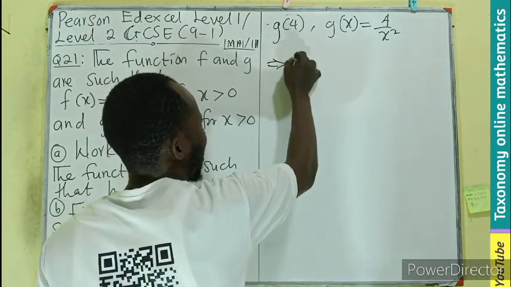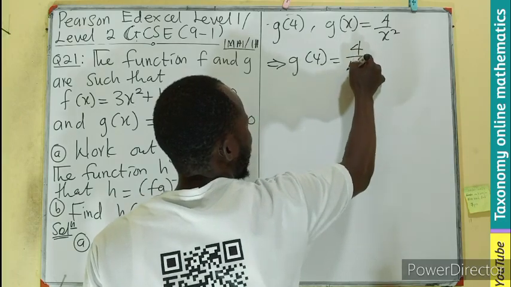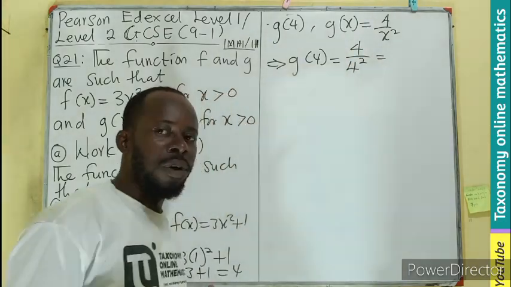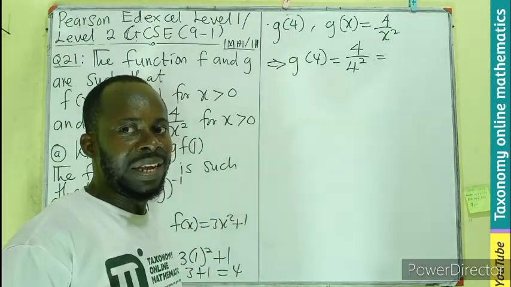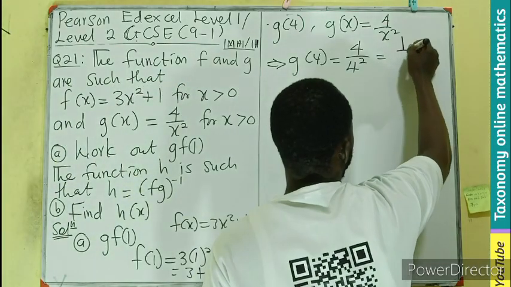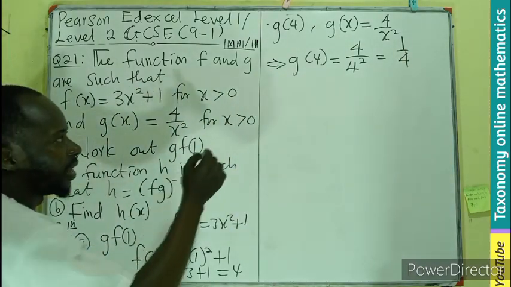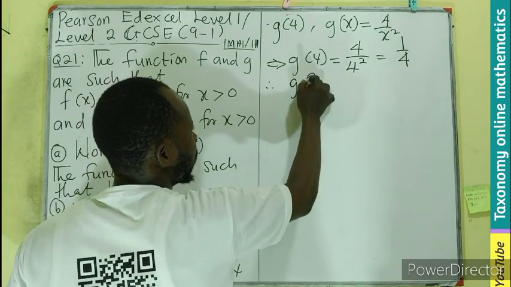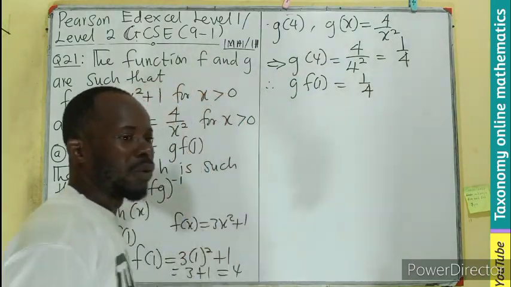That implies g of 4 equals 4 divided by 4 squared. And don't forget, 4 squared is what? 4 times 4, 16. 4 divided by 16 will be 1 over 4. So therefore, g of f of 1 is going to be 1 out of 4.